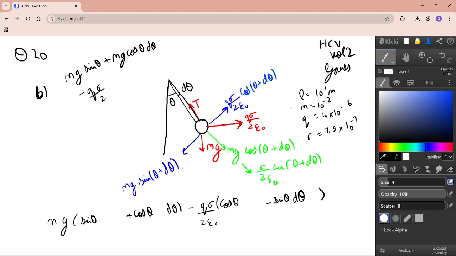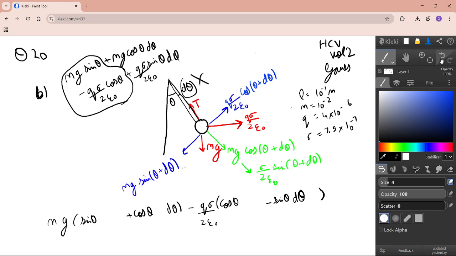minus q sigma by 2 epsilon naught cos theta plus q sigma by 2 epsilon naught sine theta d theta. Now just look at this. When the bob was in equilibrium, when this d theta displacement wasn't there, then this mg sine theta must have balanced this q sigma by 2 epsilon naught cos theta.